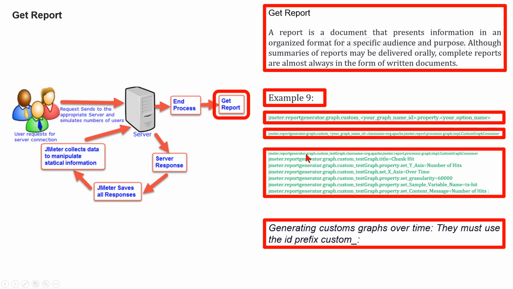To specify that this graph is a customized one, you can use this here. Here is an example of a custom graph configured that graphs variables ts-hit.